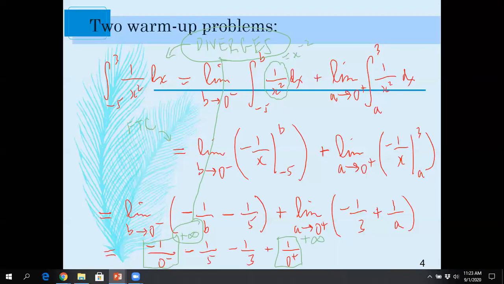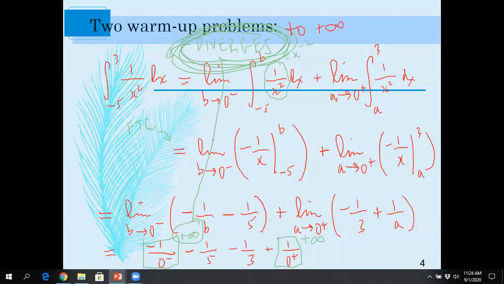But even if one of the infinities was negative and the other positive, what would you still say? You wouldn't say infinity, you would just say diverges. Okay? But in this case, you could say with confidence that it diverges to plus infinity. Does that make sense?